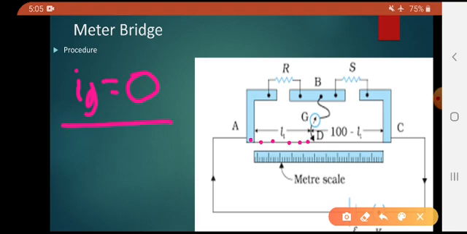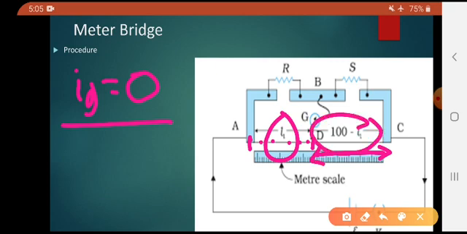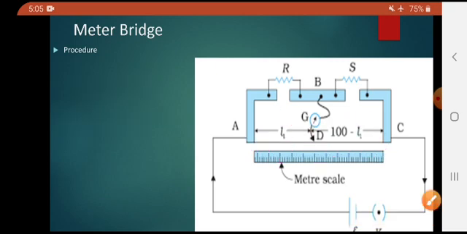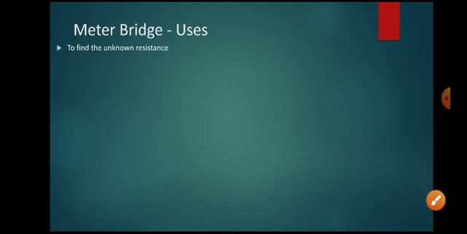The distance at which the galvanometer reading shows 0 is called L1. The total length of the wire is 100 centimeter. So L1 is this one, and the remaining part is 100 minus L1.